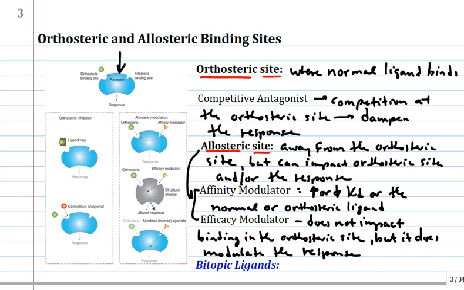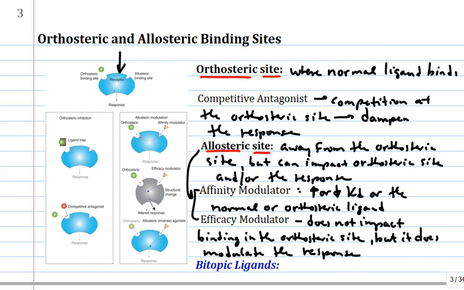And what I mean by the response is that it can modulate what happens after the orthosteric ligand binds to the orthosteric site. The binding is the same, but the response is different. Okay? Again, this may be kind of hard to wrap your head around, but we will see some examples of this.